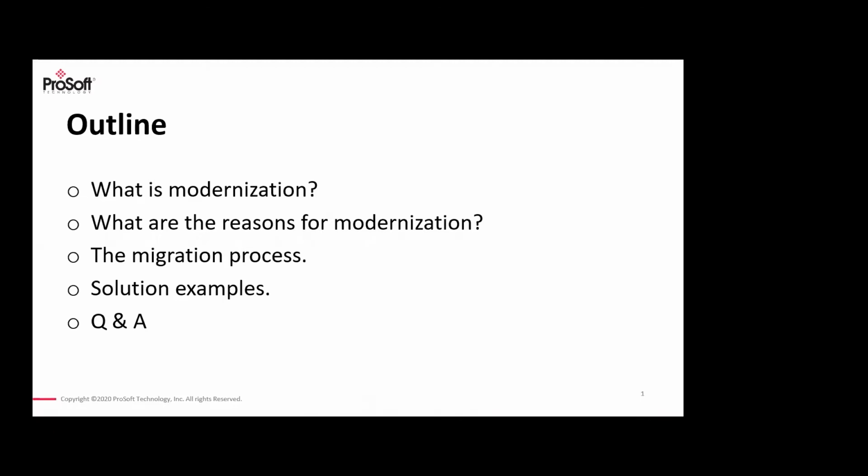After that, we'll discuss the options that you have available to you when modernizing by looking at the actual migration process. We'll look at some solution examples before concluding with a question and answer session. As I'm going along, if you have a question, please type it in the chat window and we'll discuss it at the end of the presentation.